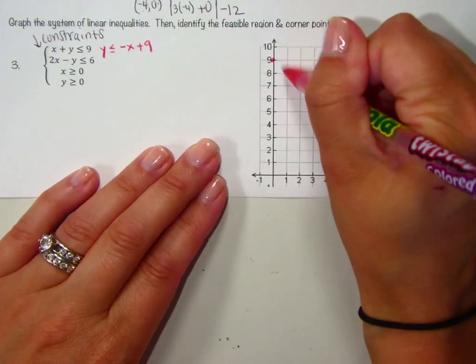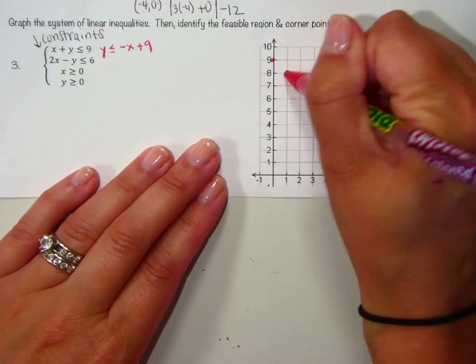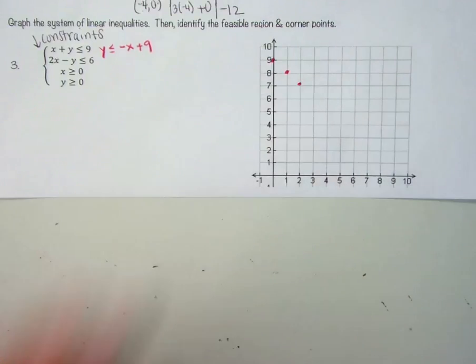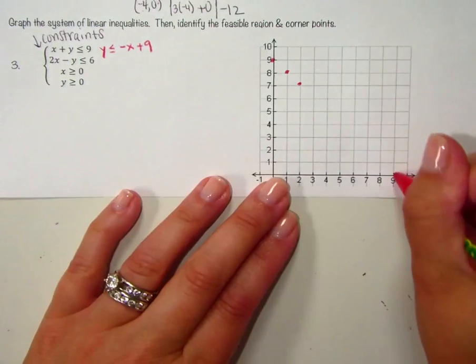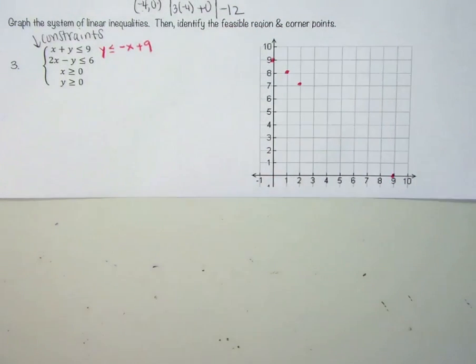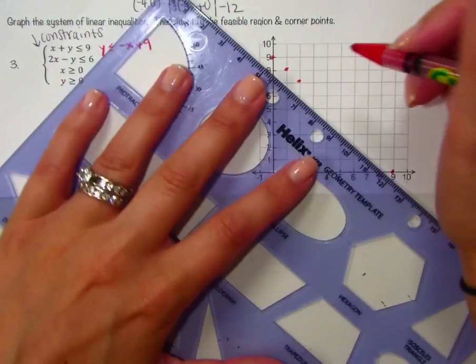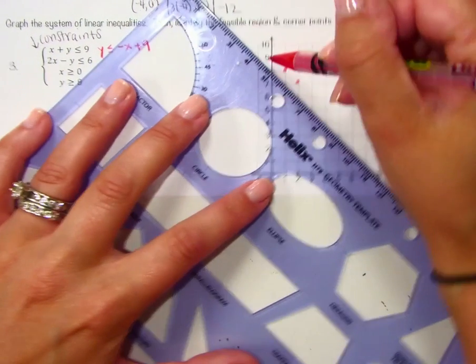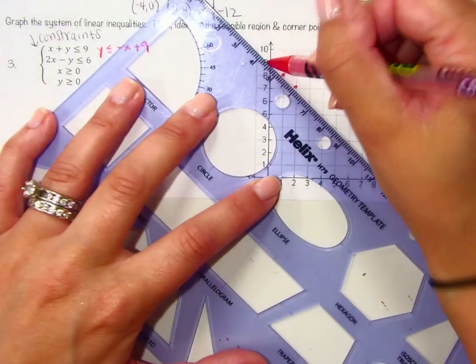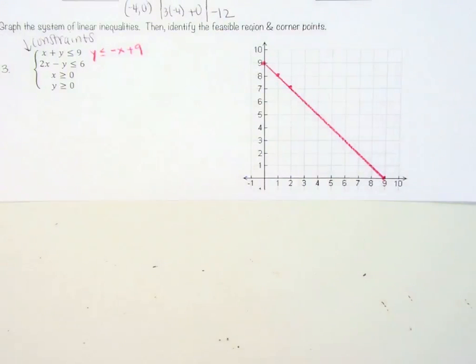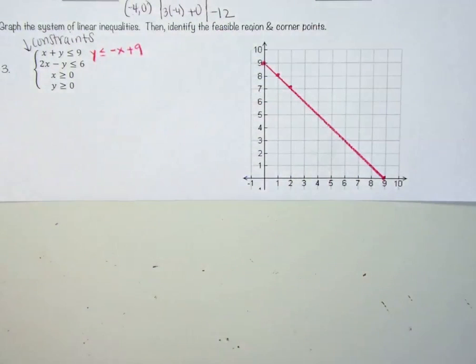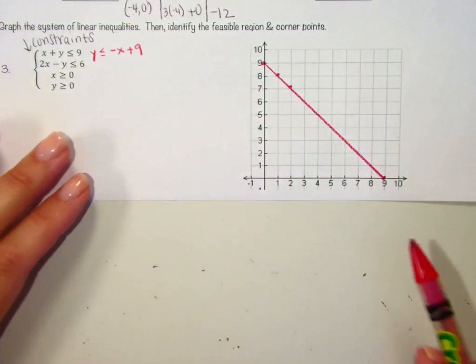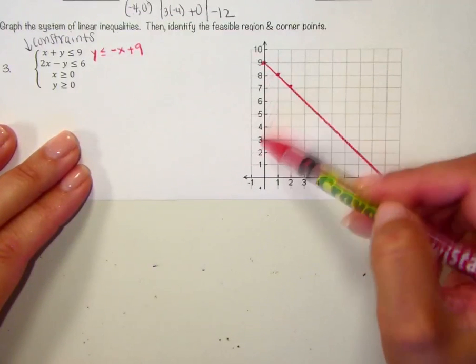And then we have a slope of -1. So down 1, over 1, and so on. And then you can graph in that line. And we're going to lightly shade that below.